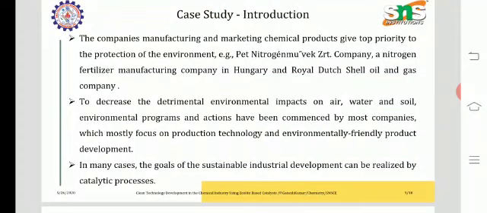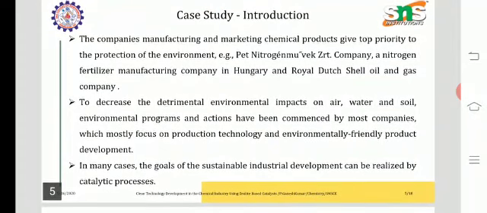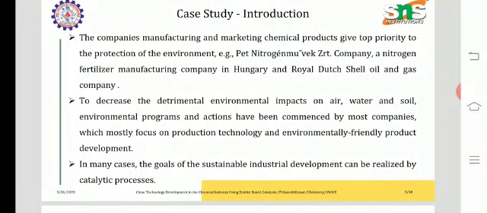To decrease the detrimental environmental impacts on air, water, and soil, environmental programs and actions have been commenced by most companies, which mostly focus on production technologies and environmentally friendly product development so as to maintain or prevent environmental degradation.